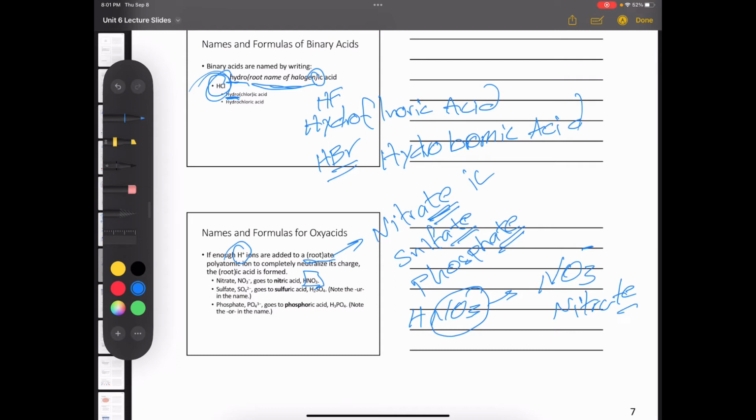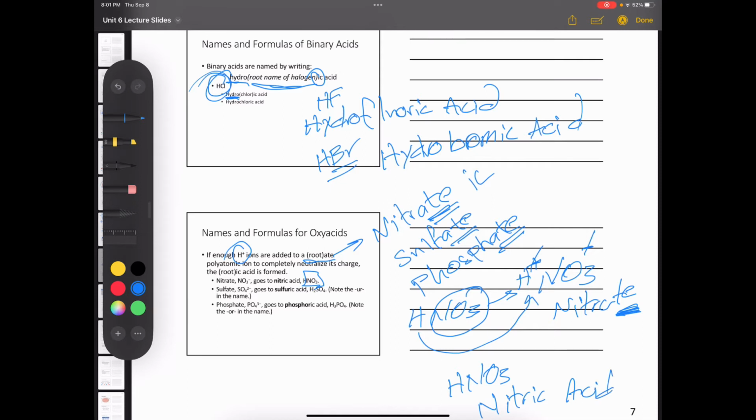So when you add the proton, the H plus, to nitrate in a way that neutralizes the total charge of the compound, the positive cancels out the negative, and HNO3 is neutralized. In this case, the nitrate drops the ate and has ic at the end instead. So we call it nitric acid.